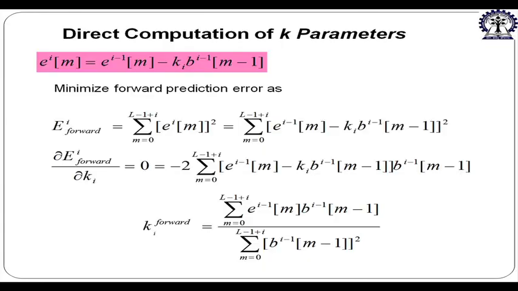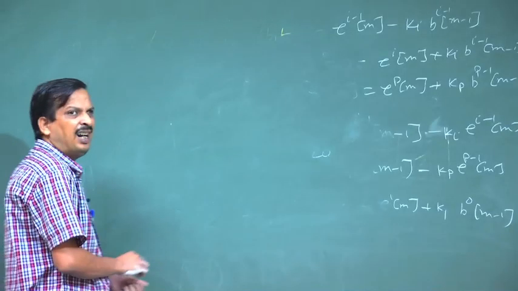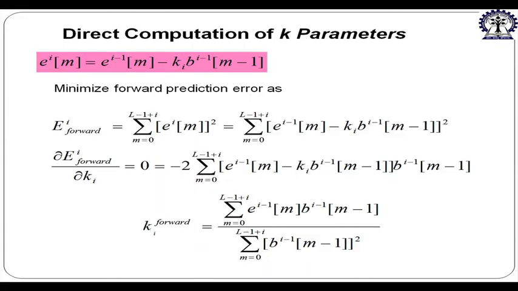So, this is the direct computation of the K parameter. How do we calculate the K parameter? The K value actually minimizes the error. If you see in the slides, the mean square forward prediction error is this one.